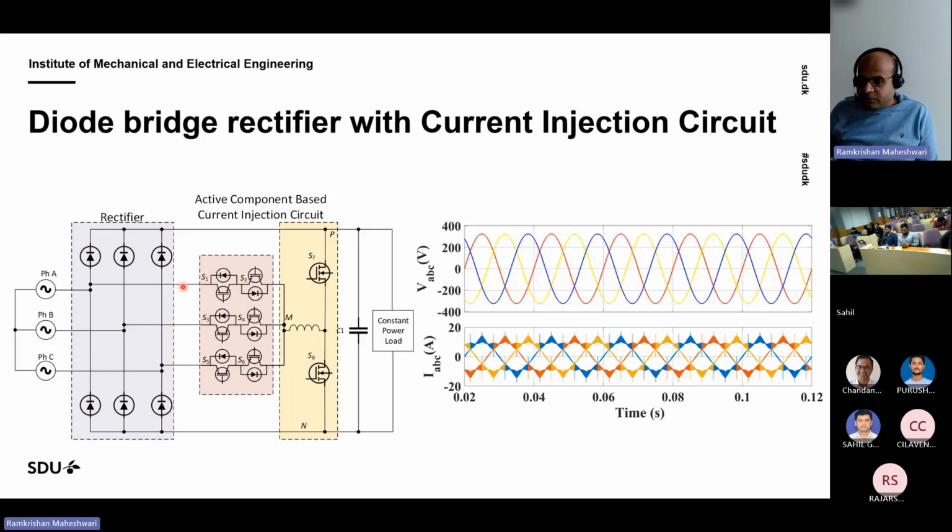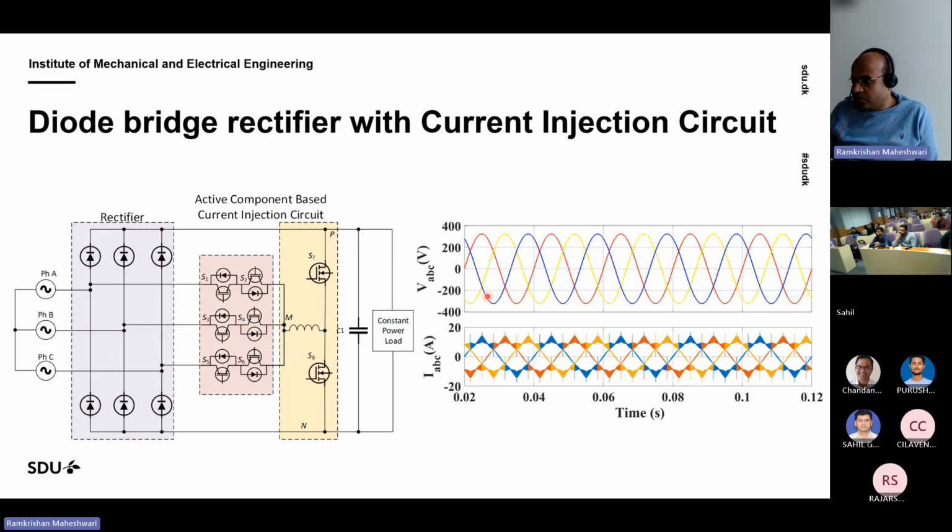If we talk about the rectifier, let's say phases A, B and C. Phase A has the maximum voltage value, phase B has a middle voltage value, and phase C has a minimum voltage value.